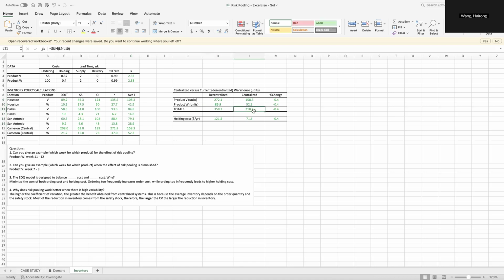And then for the centralized, similarly, we can calculate the summation of these 2, the G15 and G16. And then for the percentage of change, same as the previous 2, we use the centralized inventory minus decentralized inventory divided by decentralized inventory.